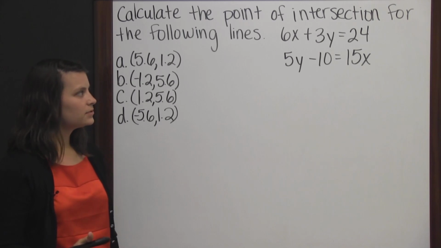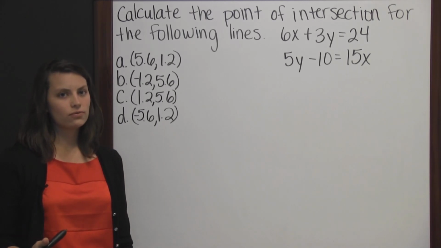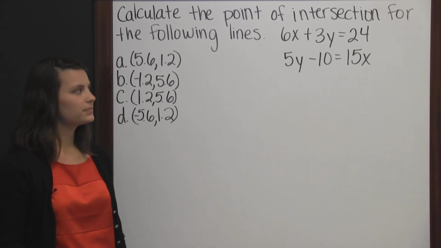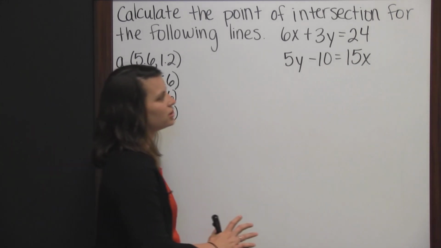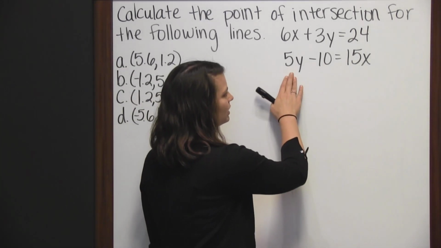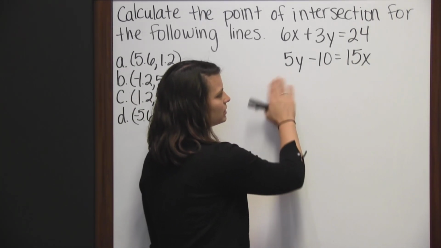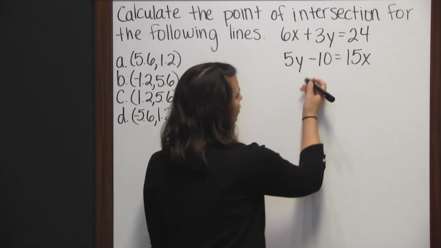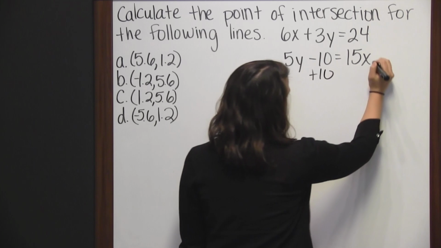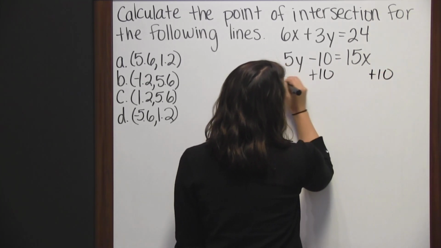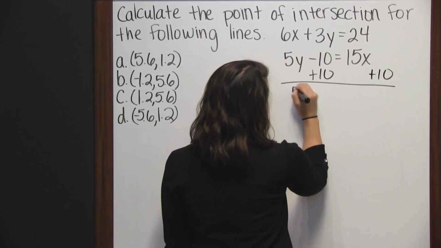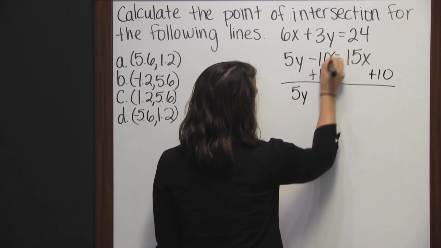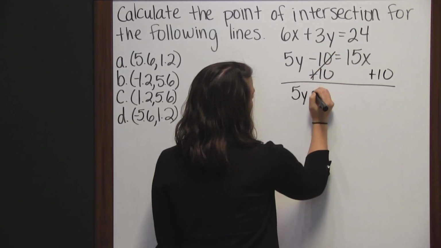And in order to substitute, I need to solve for one of my variables. Looking at my two equations, it looks like it's going to be pretty easy to get y alone in this second equation. And I'll do it in 2 steps. First, we add 10 to both sides. Bring down the 5y. Negative 10 plus 10 is 0.